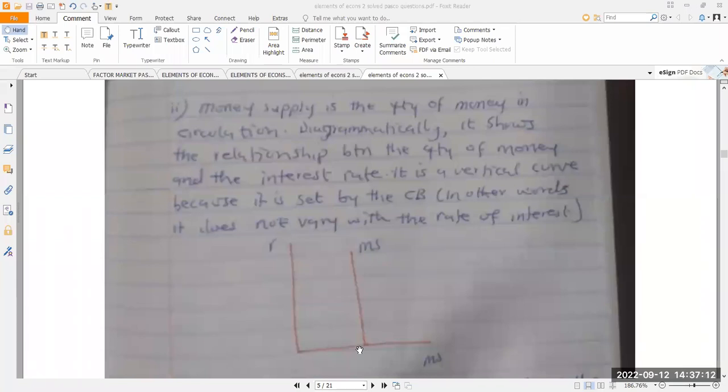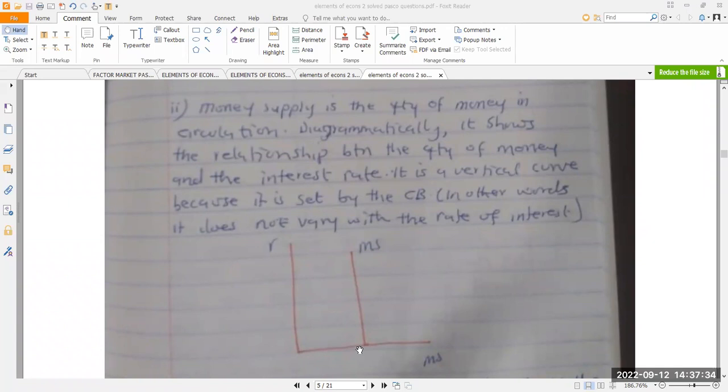Okay, so when we combine, this is the money market, the monetary market, and we know that in any market, the interaction between demand and supply gives us the equilibrium quantity of whatever good or service is being traded, and the price of that commodity.